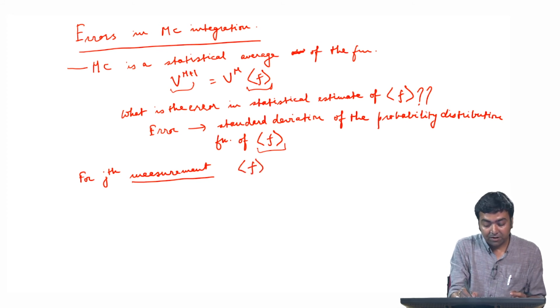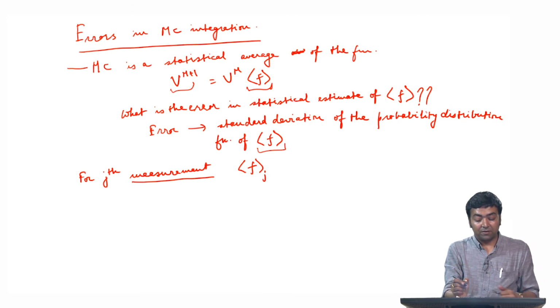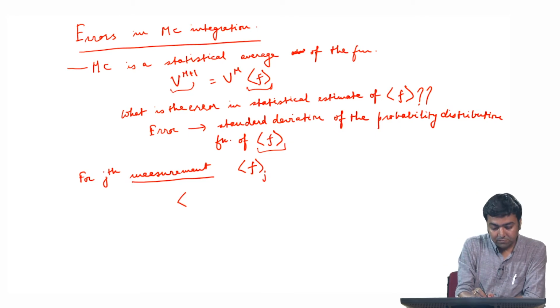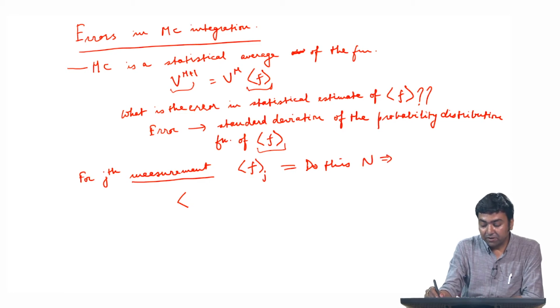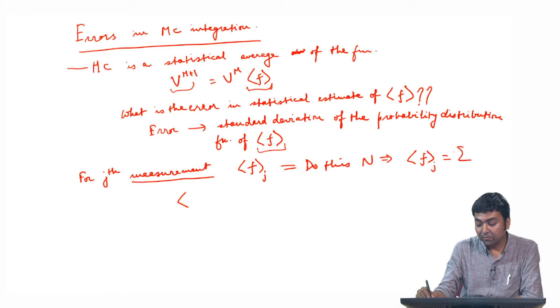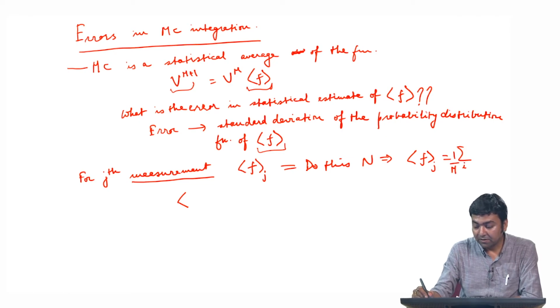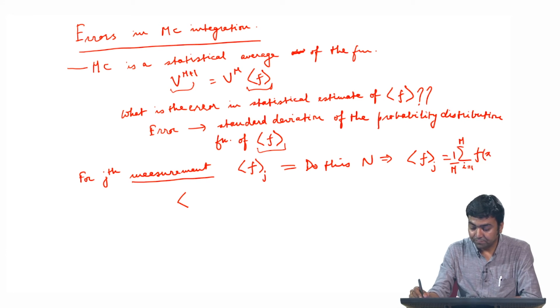So, this is what I mean for the jth measurement of f. Say I do this measurement n number of times. So my f_j is basically equal to 1 by m, sum over i equals 1 to m, f of x_i, and this is for the jth measurement.